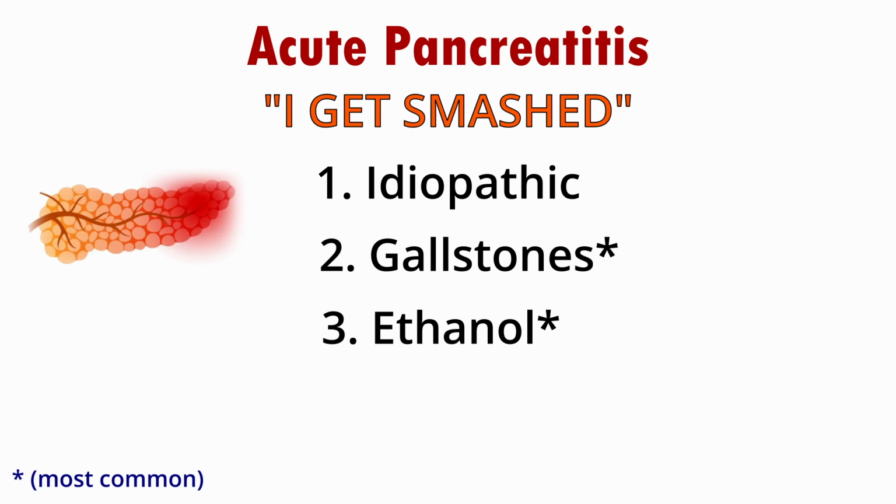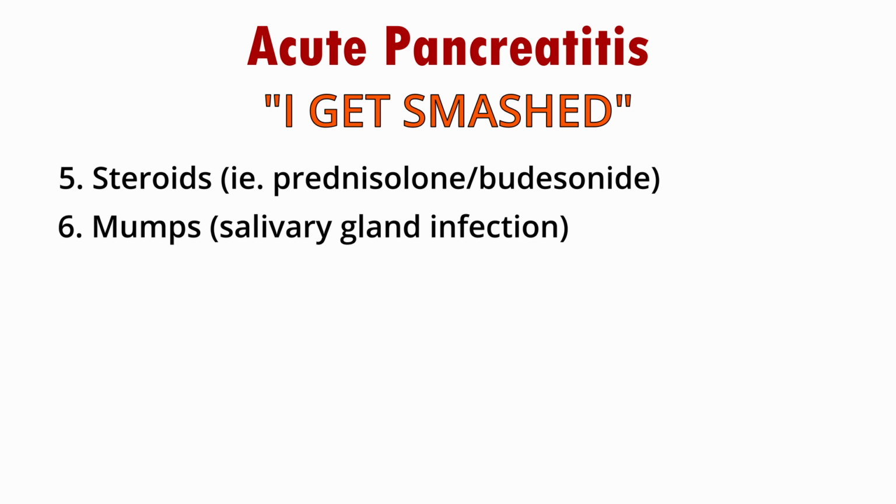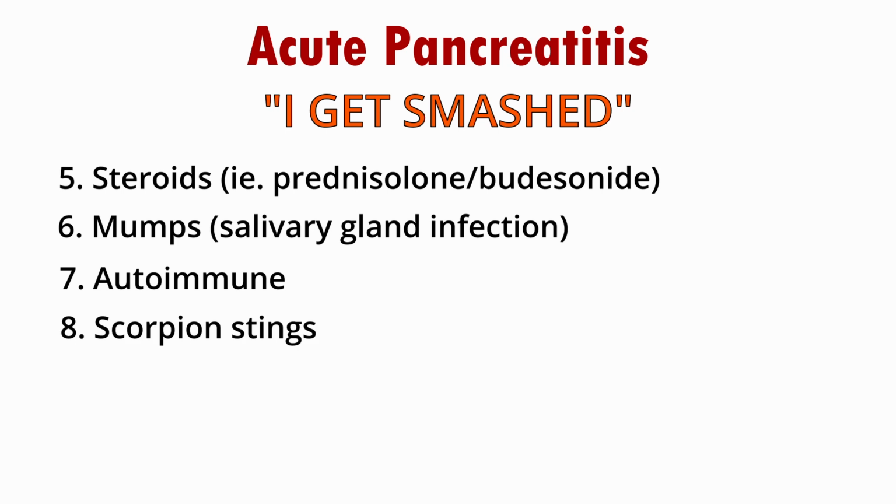The T is trauma, so traumatic injury. Now moving on, we have steroids such as prednisolone or budesonide, mumps, which is a salivary gland infection, autoimmune conditions, scorpion stings, which are extremely uncommon, and hypercalcemia and hypertriglyceridemia.